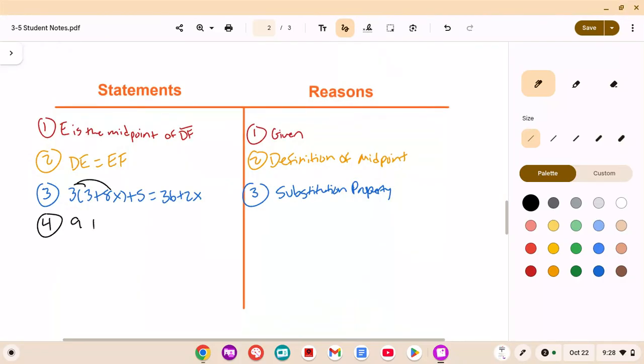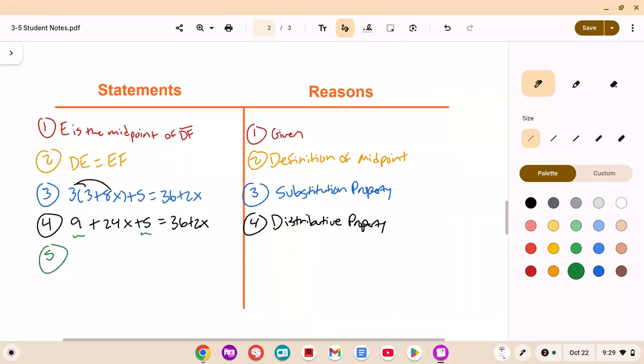So this would be a 9 plus 24x plus 5. That was the distributive property. Then let's put together the 5 and the 9, so that's 14. And they're just on the same side. So I know we added them together, but we didn't add anything to the other side of the equation. So this is simplify.